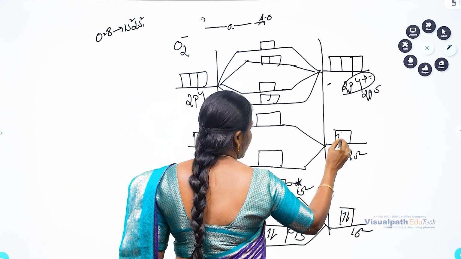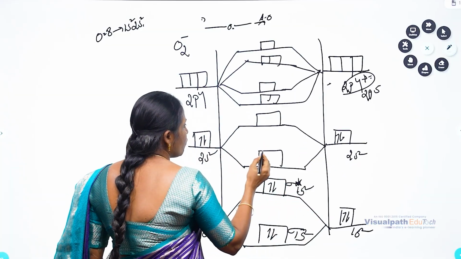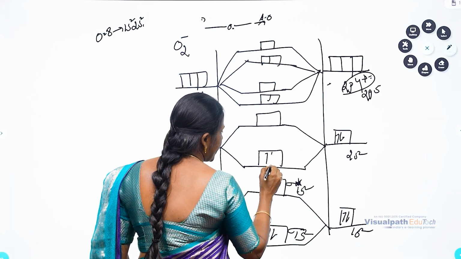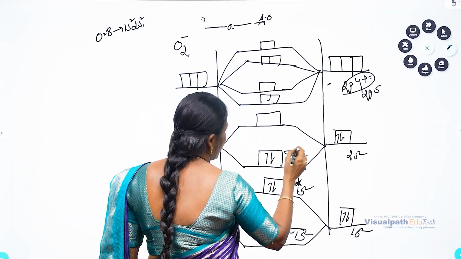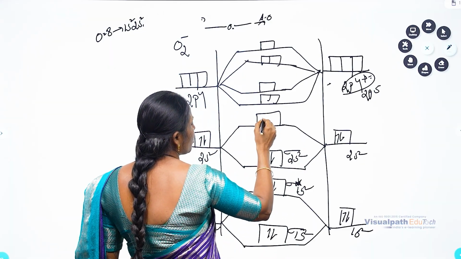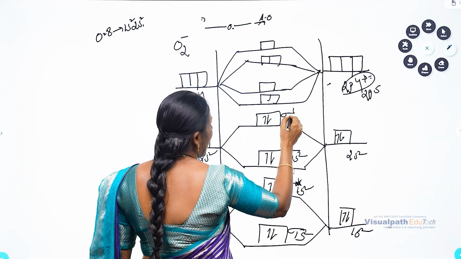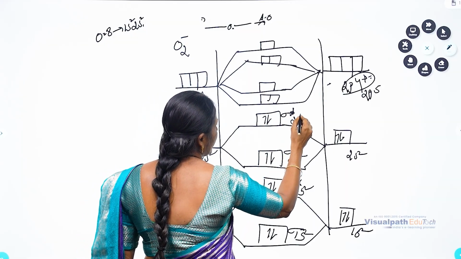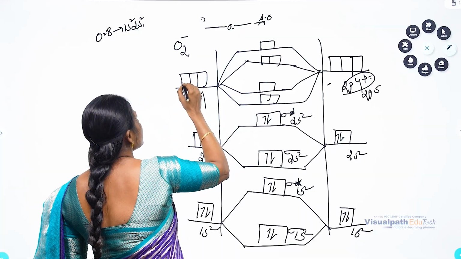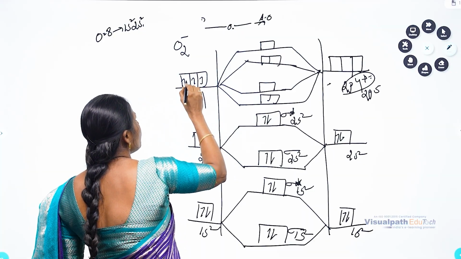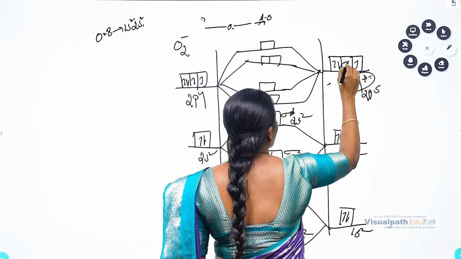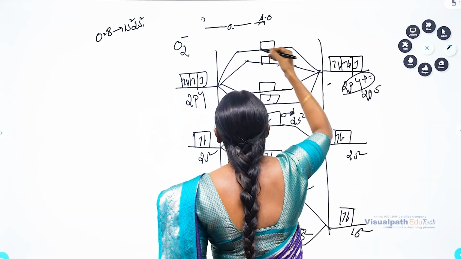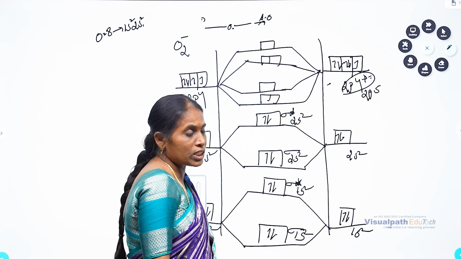Here also 2 electrons, total 4. In which first 2 electrons enter into the bonding of the 2s orbitals, then the remaining 2 electrons enter into the anti-bonding of the 2s. So then here it is with 1, 2, 3, 4, and another side here it is with 1, 2, 3, 4, 5. So this extra one is due to the presence of one negative charge.